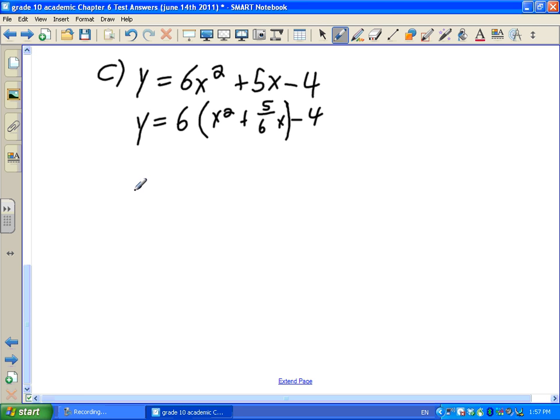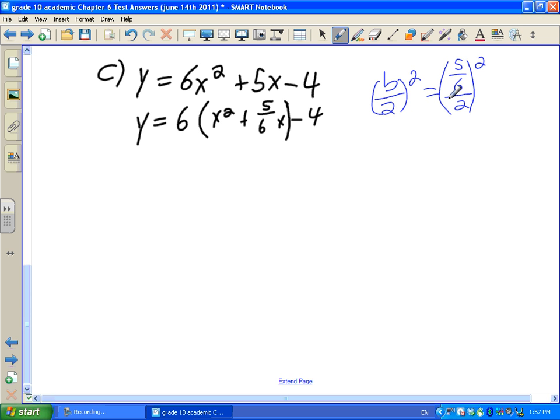Now what I need to do in this one is take my b, which is 5 over 6, and put it into my equation, b divided by 2 squared. So I'm going to put 5 over 6 divided by 2.